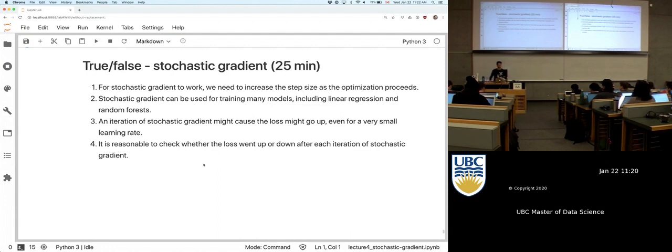Number 3, an iteration of stochastic gradient might cause the loss to go up, even for a very small learning rate. Number 4, it is reasonable to check whether the loss went up or down after each iteration of stochastic gradient. Okay, I'll give you a few minutes to discuss these.